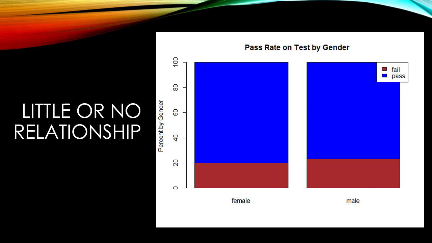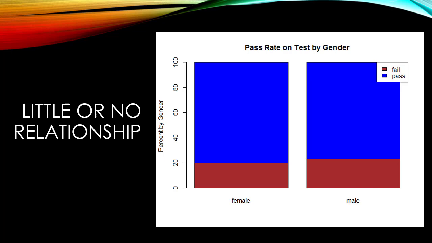Here is what a graph would look like if there was little or no relationship among the categorical variables. In this example, the variables are gender and whether the student passed the test. Notice that the pass rate, given here in blue, is about the same for males and females. That means that pass rate is not associated with gender.